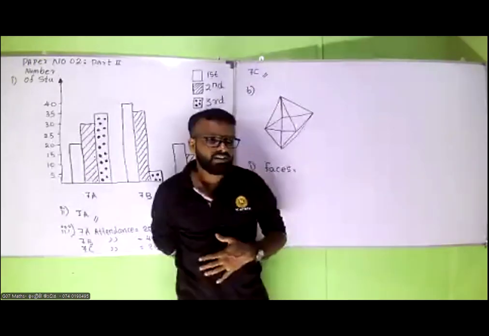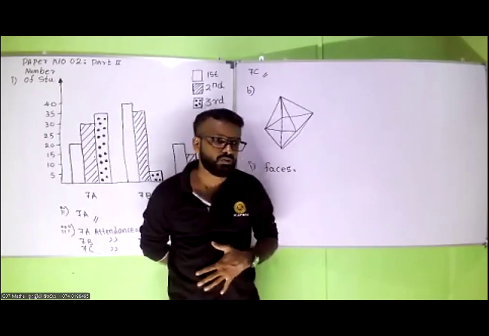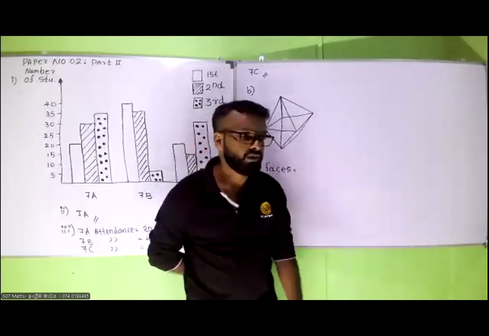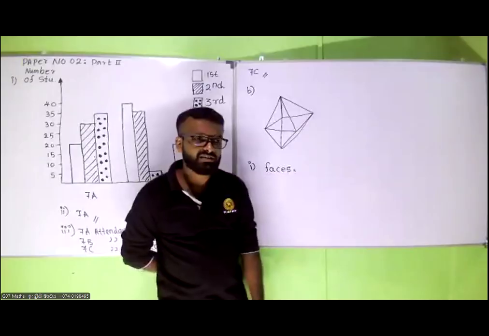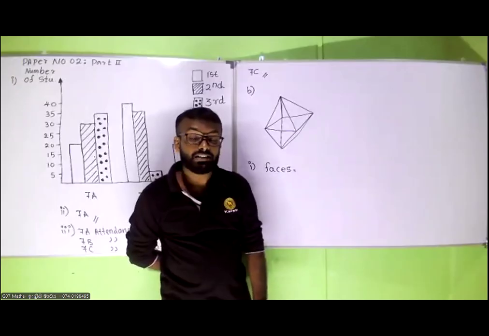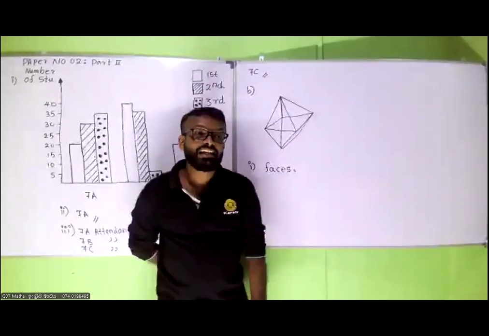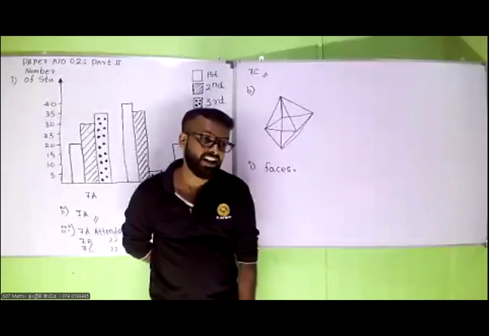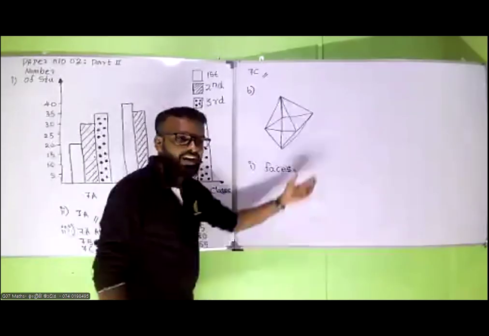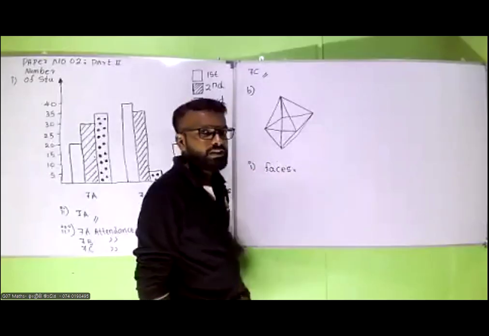Four sides. Four. Yeah. How many sides are there for a square? Square. Chaturashra, square. So four. Yeah, four sides.